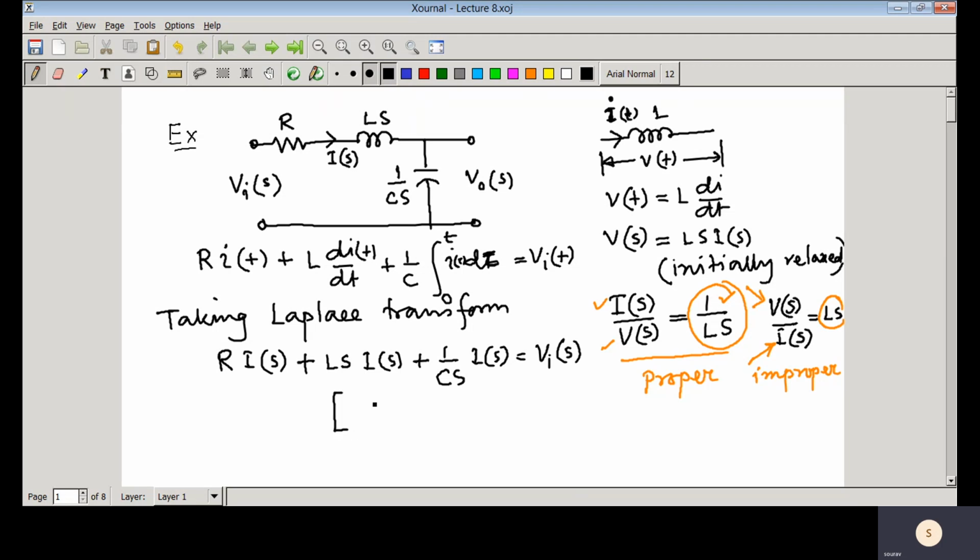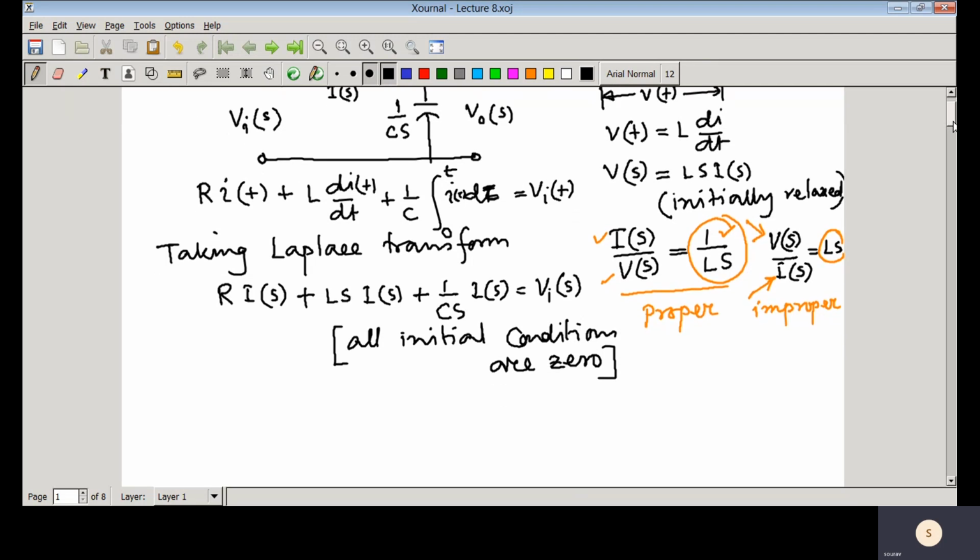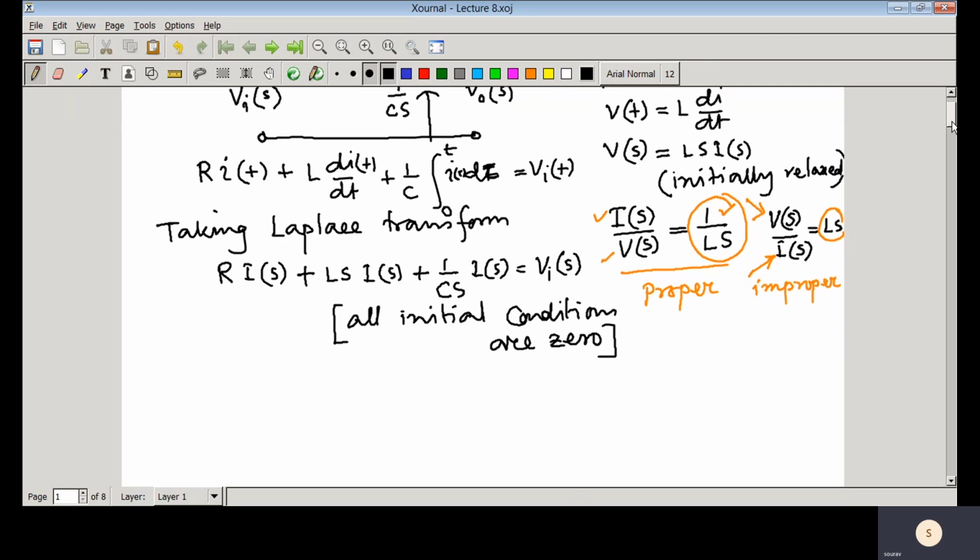As we are interested in finding the transfer function, all initial conditions are 0, because from the definition of transfer function we need to assume that all initial conditions are equal to 0. That is one of the disadvantages of transfer function based modeling.